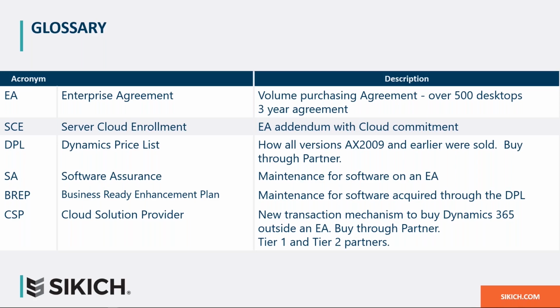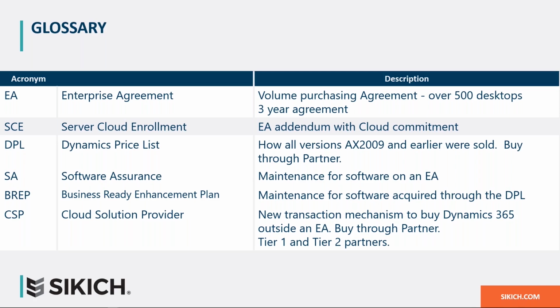Those agreements can be between 3 and 5 years. Now, the server cloud enrollment is an EA addendum that has been in the past provided to customers who have already got an EA and want to separate out their cloud-based applications. And along with that agreement, I believe you have to have some minimum level of Azure consumption.